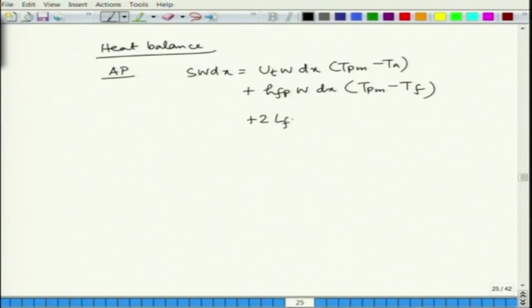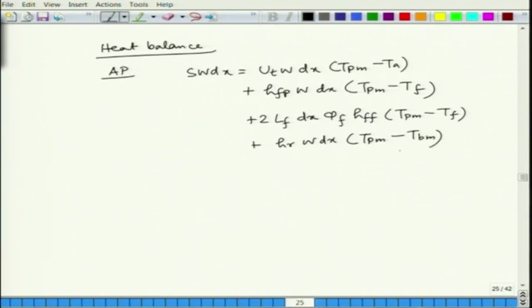These are from the fins, that part coming from the fin, and then the radiative part. Okay. Only this term is extra compared to the earlier case.